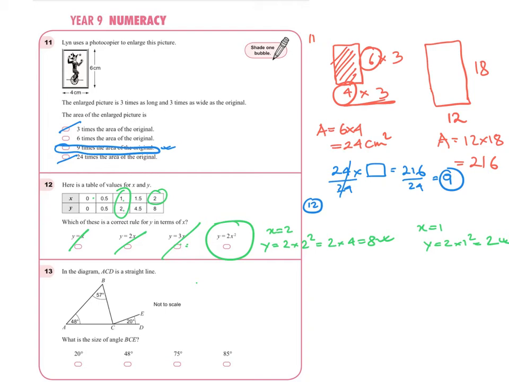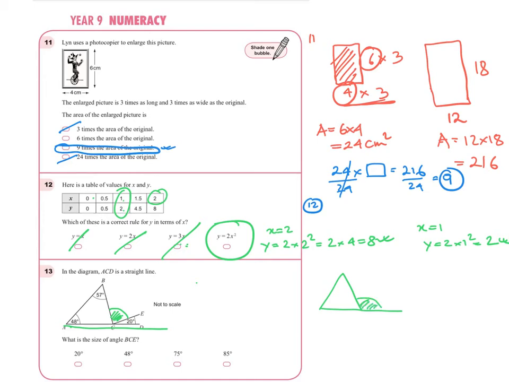In the diagram, ACD is a straight line, not to scale. What is the size of angle BCE? We are interested in this angle here. A few things to recall: if we have a triangle like this and the line here is extended, there's a theorem you may be familiar with, the exterior angle of a triangle, which is this one here.